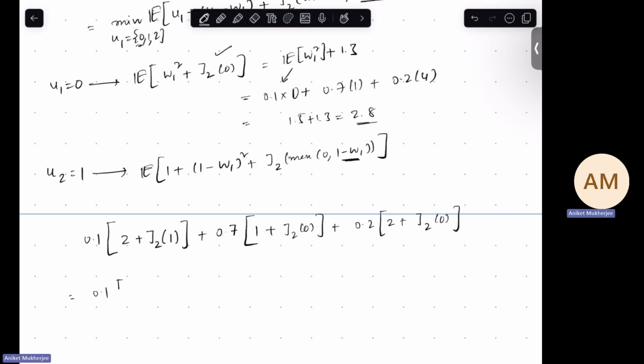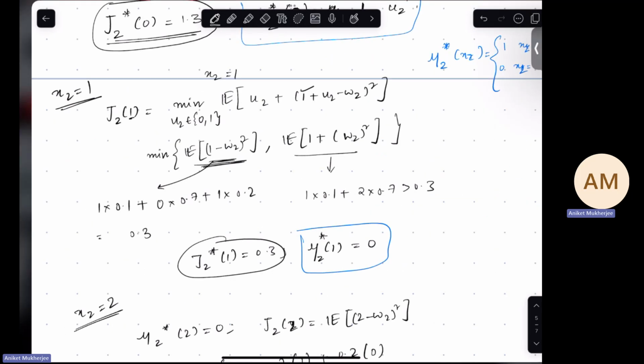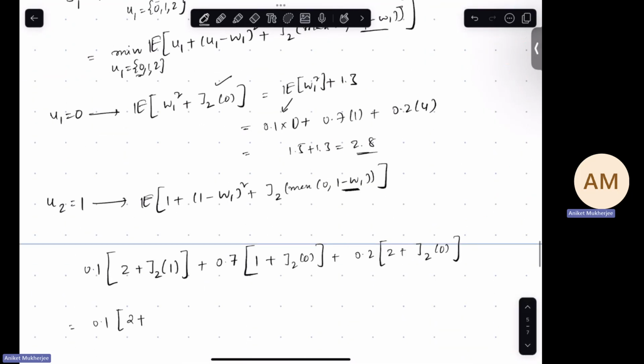The optimal J2 1 is 0.3. So 0.1 into (2 plus 0.3) plus 0.7 into (1 plus 1.3) plus 0.2 into (2 plus 1.3).